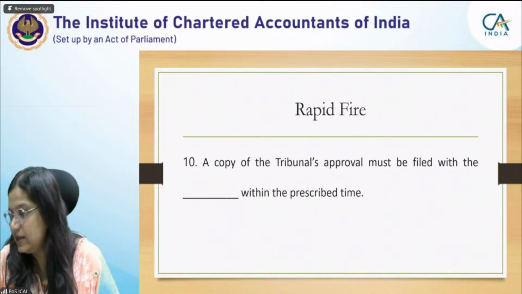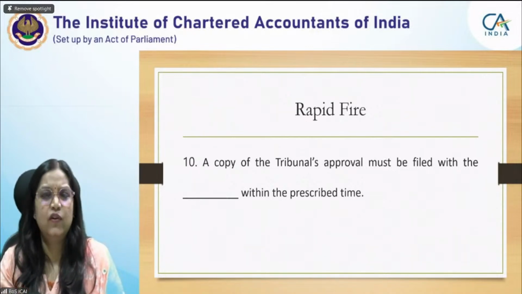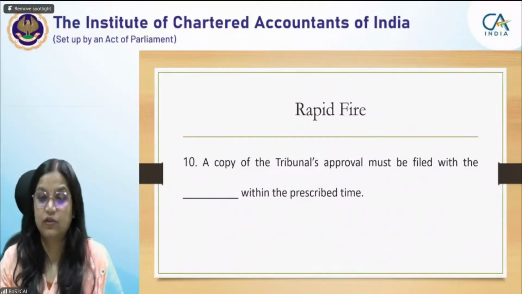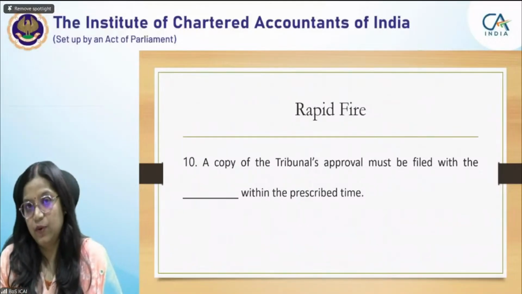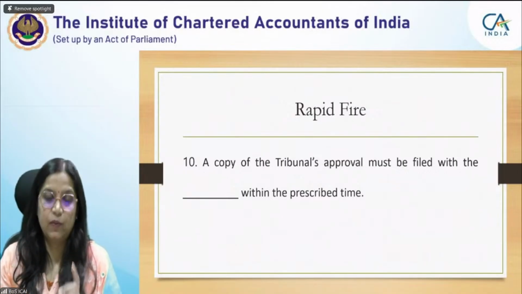Almas, very good. So if you see, these questions were in the format of fill in the blanks or rapid fire. However, what's the point of doing this exercise? It's from the point of view of revising.